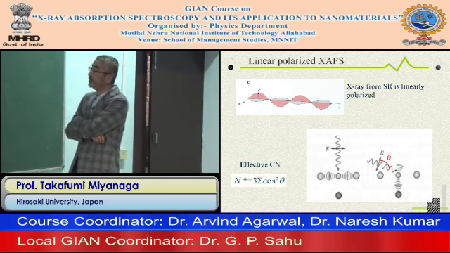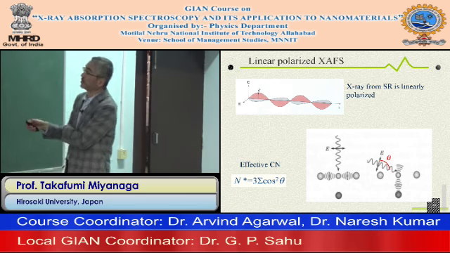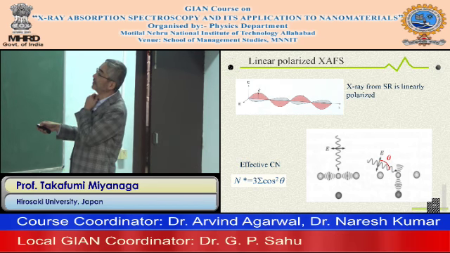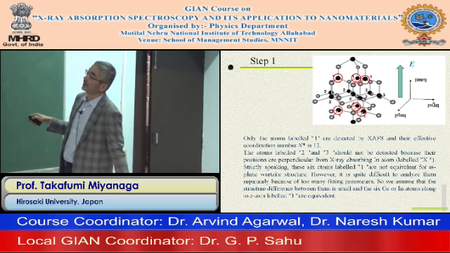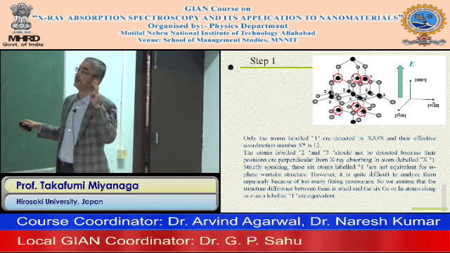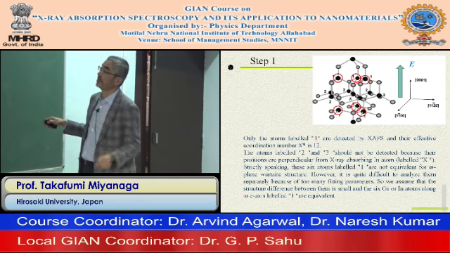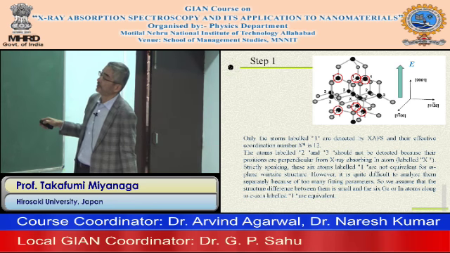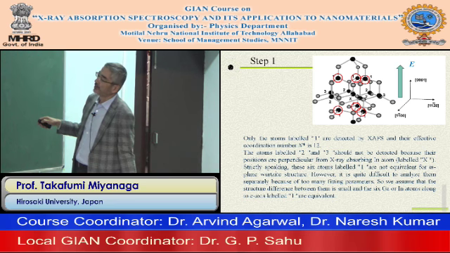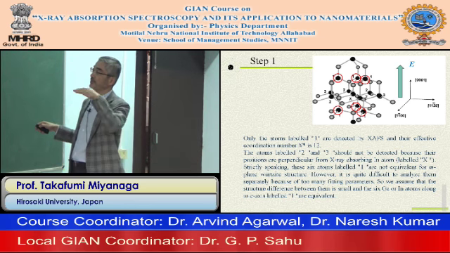Now, first, we measure with the electric vector parallel to the C-axis. So we can categorize three kinds of indium or gallium atoms. This is the central indium atom, and these first atoms are around on the C-axis, and the second and the third atoms are in the AB planes.